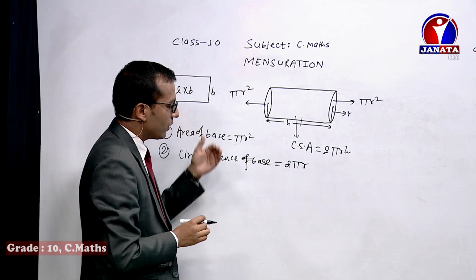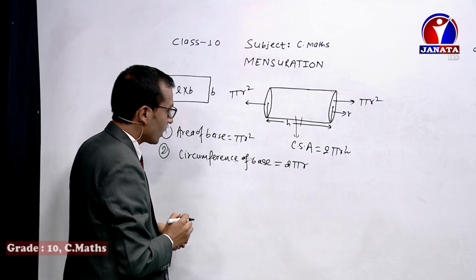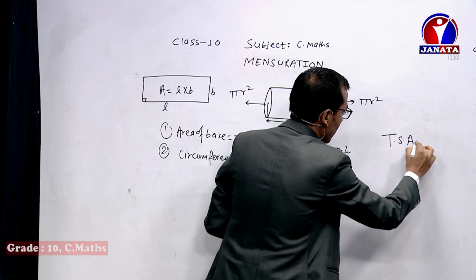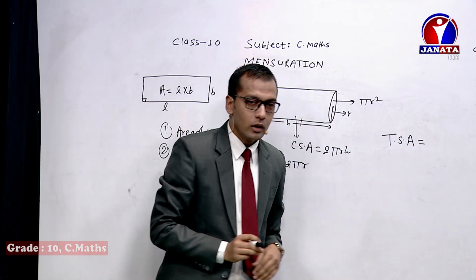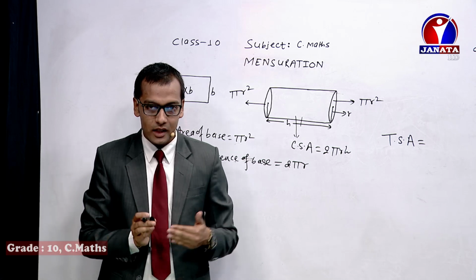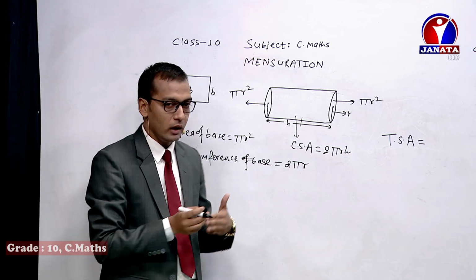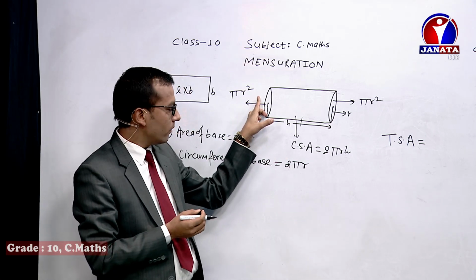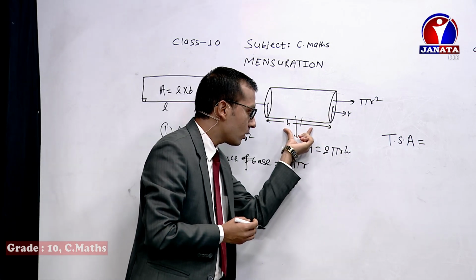Similarly, now let me talk about how we calculate total surface area, TSA in short. What is total surface area? Total surface area of this solid is the sum of the areas of all the surfaces. I mean the area of two circular faces, first end and second end, and the area of the curved surface.